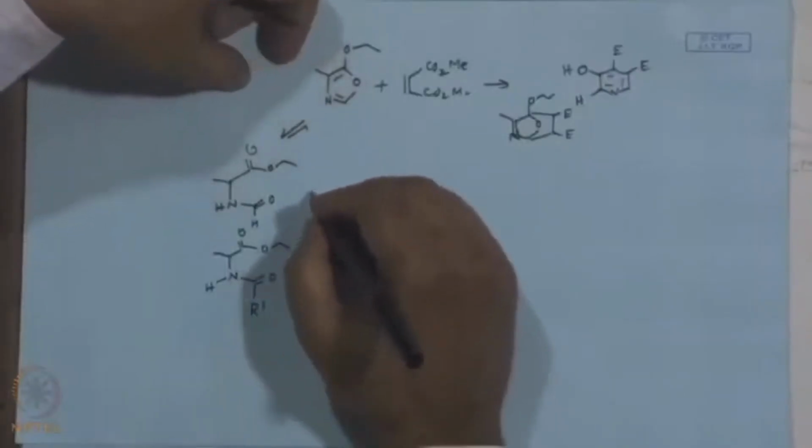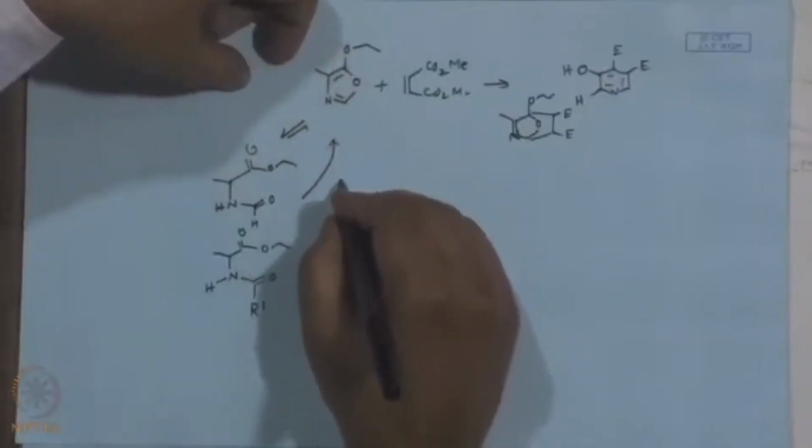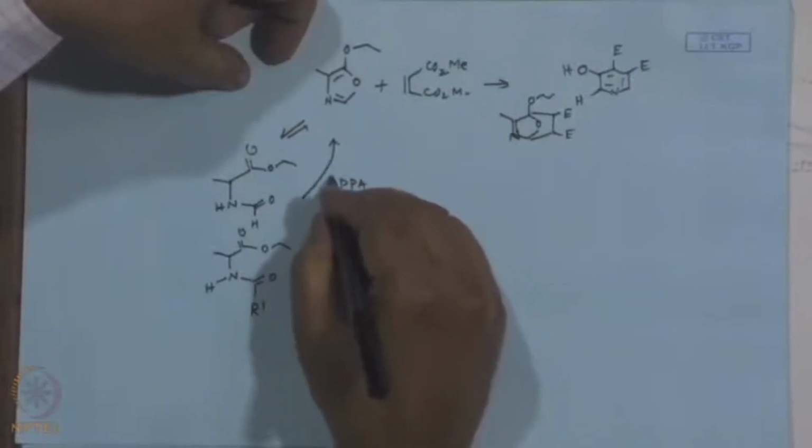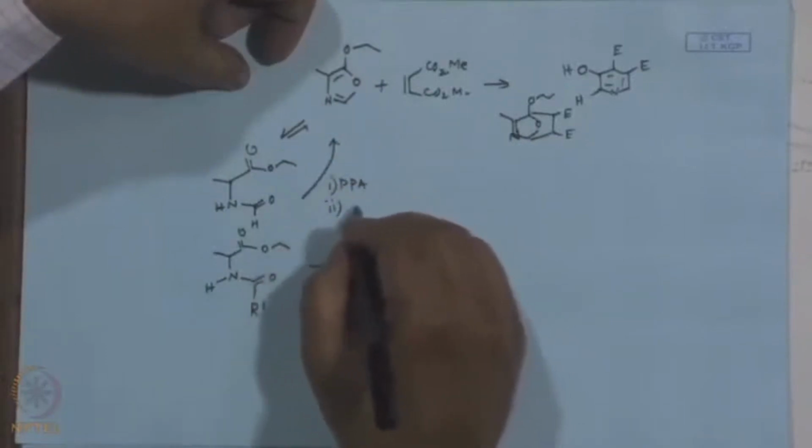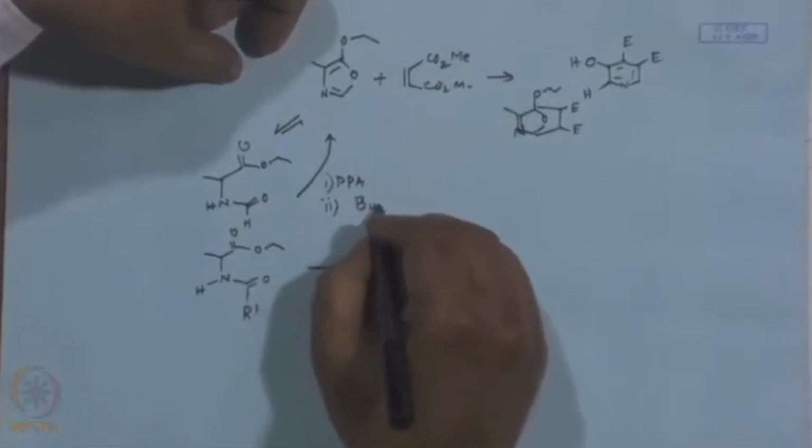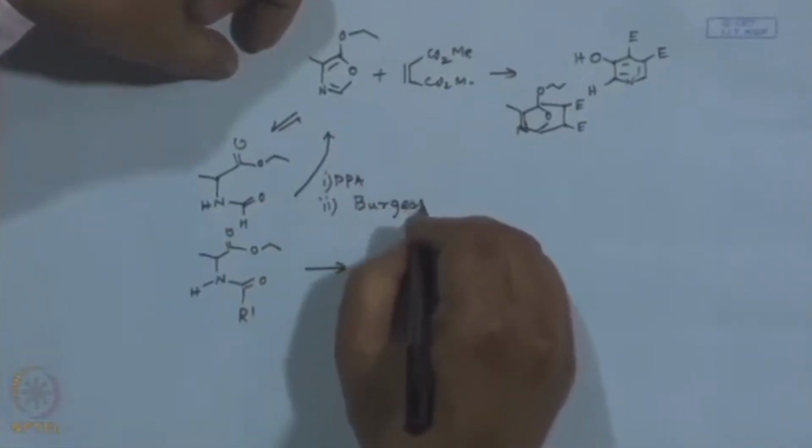There are plenty of other dehydrating agents, all of you know, right. Sulfuric acid is the commonest one, DCC also is there, but this is not very effective in this case. Alternatively, other than PPA, one is the Burgess reagent.